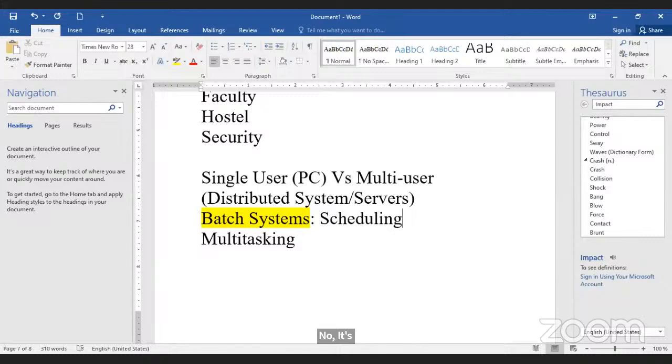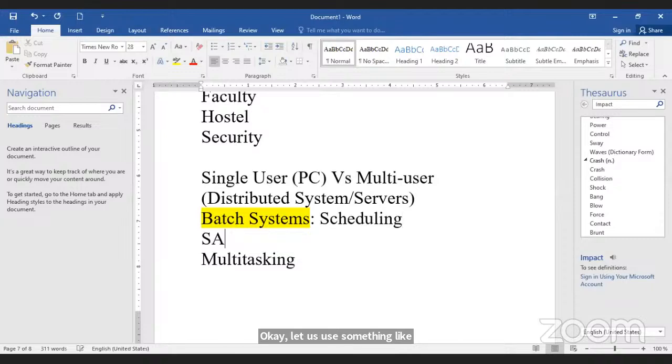For those who have a double gas cooker, it means that it has double burners, or even 4 cookers in it. Let us assume we are processing something. Okay, let us use something like samosa. Let us assume we want to prepare samosa, right?